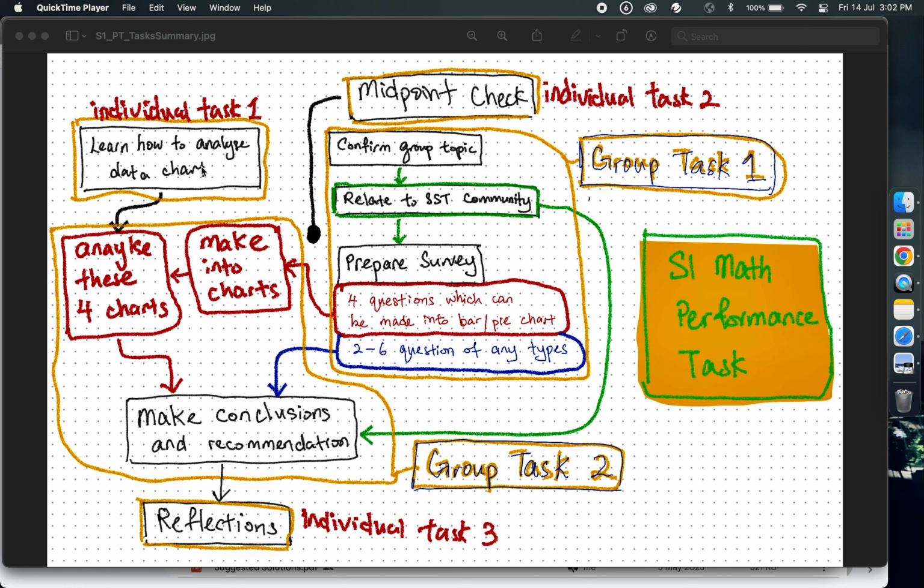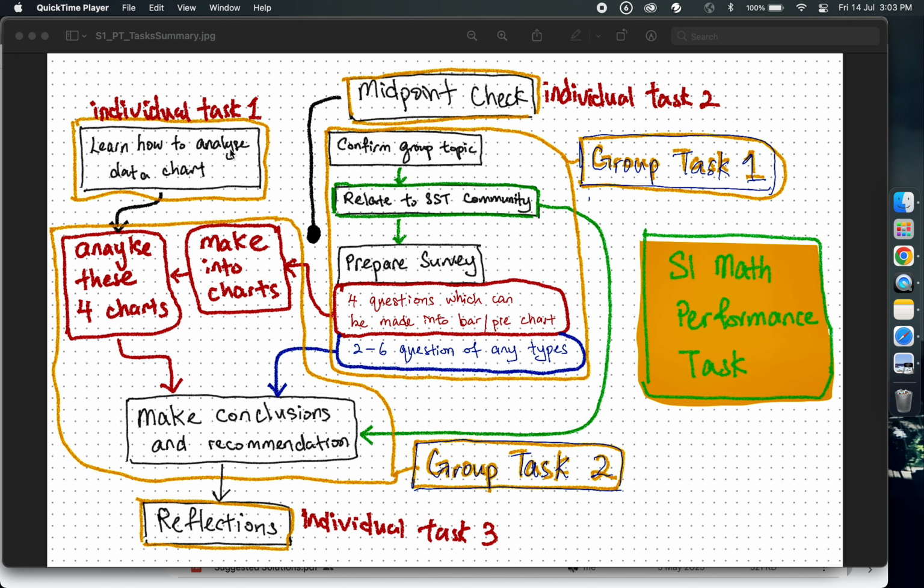I gave you a bar chart, and you're supposed to analyze it. Analyzing a chart has two parts. First is to describe what you see, and then to give your explanation and interpretation of why the chart is like this. This step is important because learning how to do this allows you to repeat that in your actual project itself. Later you will see.